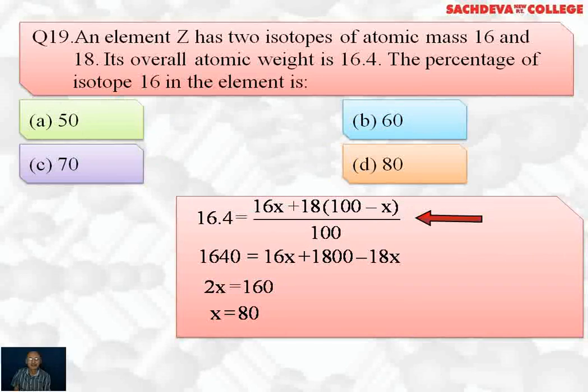So we will write 16.4 is equal to 16x plus 18 into 100 minus x, that is percentage of 18 isotope will be 100 minus x. So the average, how do we calculate? 16x plus 18 into 100 minus x divided by 100 will be equal to the given average 16.4. On cross multiplying, 1640 is equal to 16x plus 1800 minus 18x. 2x is equal to 160. x comes out to be 80. So the correct answer is D part.